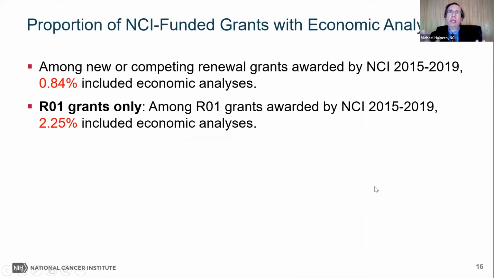Before I get to those 86 R grants, I want to frame the 113 grants that we did find that included outcomes analysis within the entire portfolio of NCI funded grants.